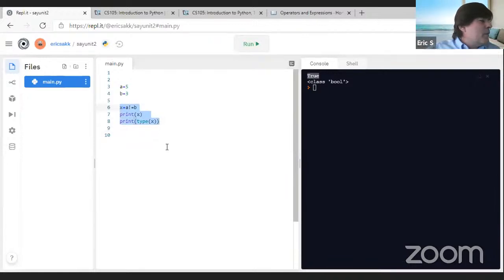So the last thing that we want to do is kind of broach the subject of logical operators. Sometimes in some texts you'll see them called Boolean operators. I refrain from using that because I don't want to confuse it with the word bool, which I usually try to reserve for the data type. It just depends on who's talking and what their language is and what they prefer to use.